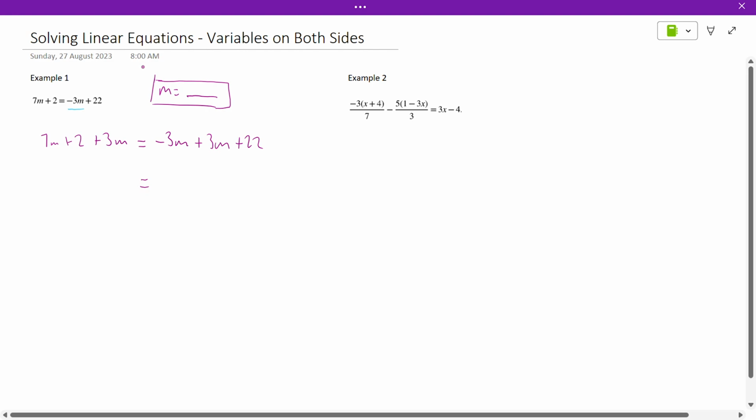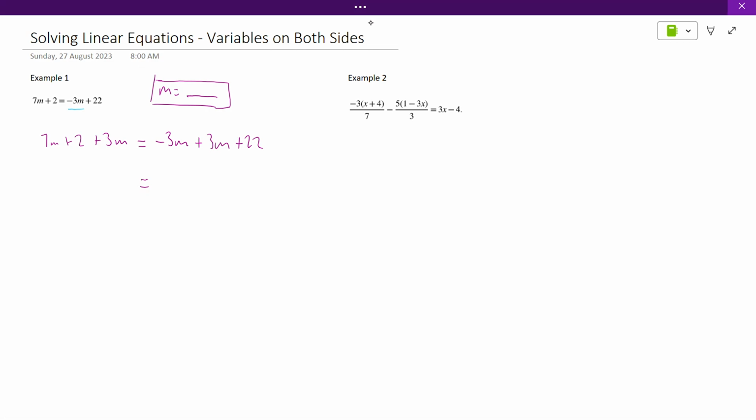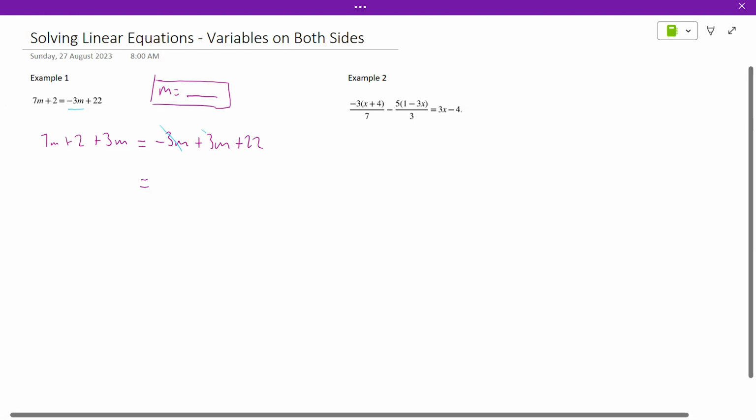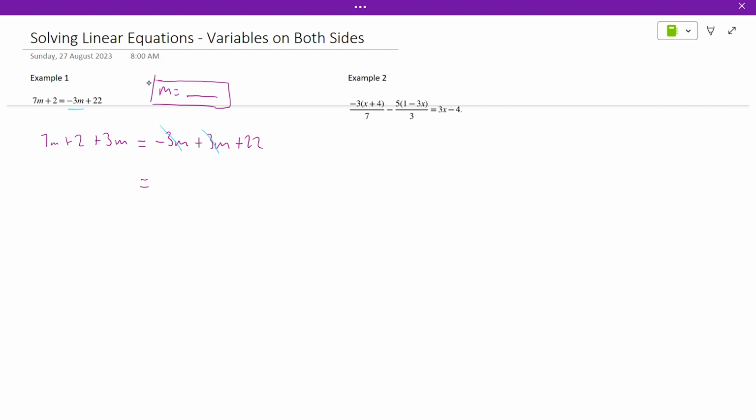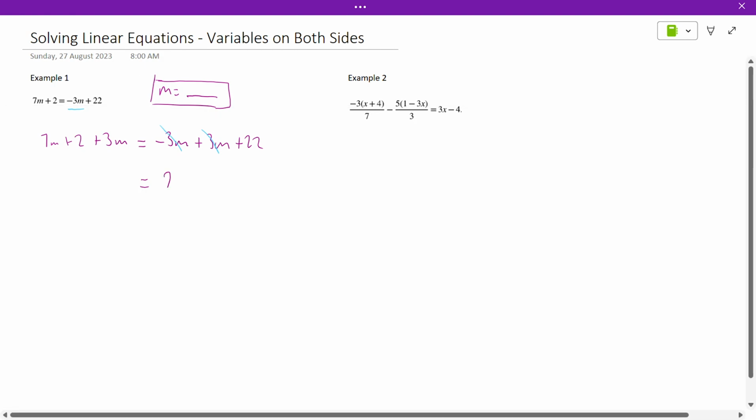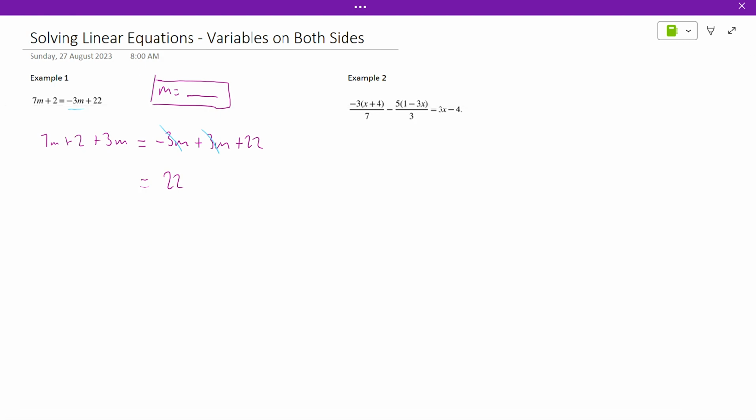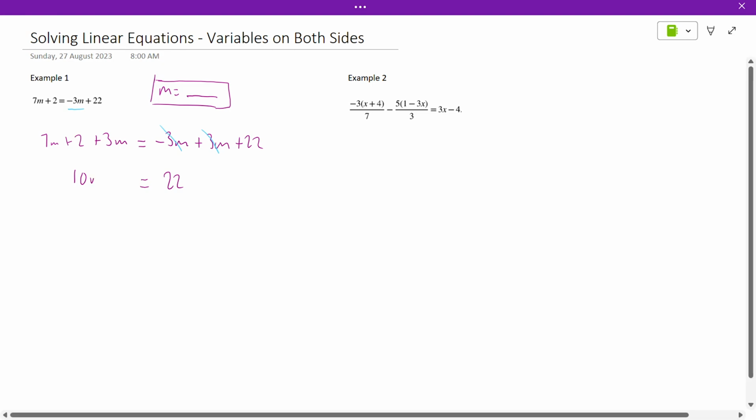So let's simplify this. On the right hand side, this negative 3m and the positive 3m is going to cancel each other out. So I'm just going to be left with 22 on the right hand side. On the left hand side, 7m plus 3m is 10m plus 2.